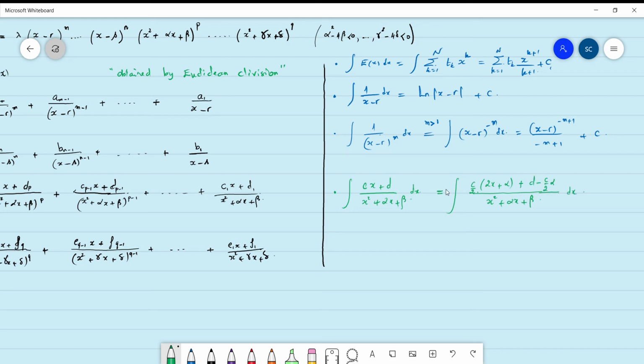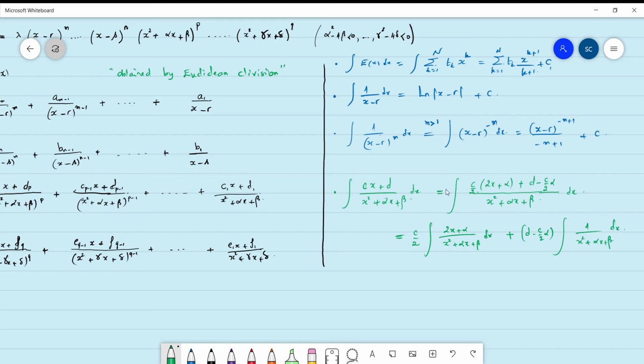Now I will separate my integral. I will have this first integral, which I know. I did everything so that it works for me. Then this factor is a constant, so I put it outside, with 1 over x squared plus alpha x plus beta dx.